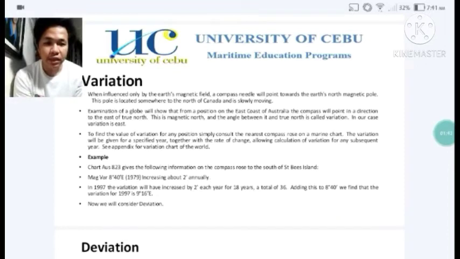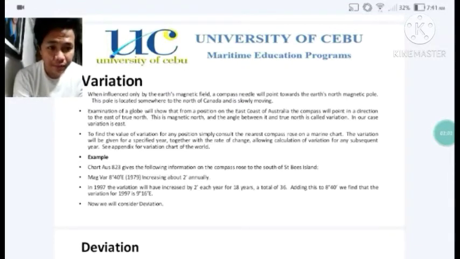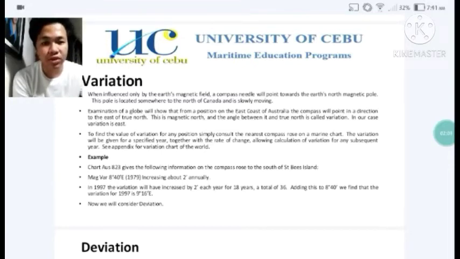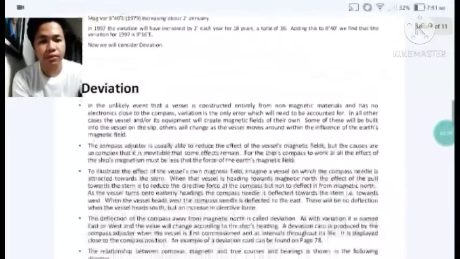So, in 2015, the variation will have increased by 2 minutes each year for 18 years, a total of 36 minutes. Adding this to 8 degrees 40 minutes, we find that the variation for that year is 9 degrees 16 minutes east. Now, we will consider deviation.